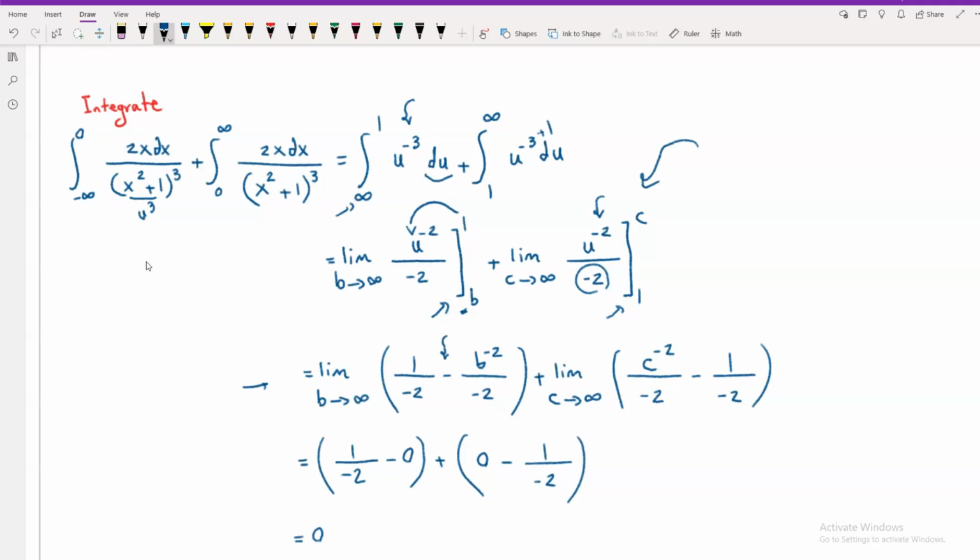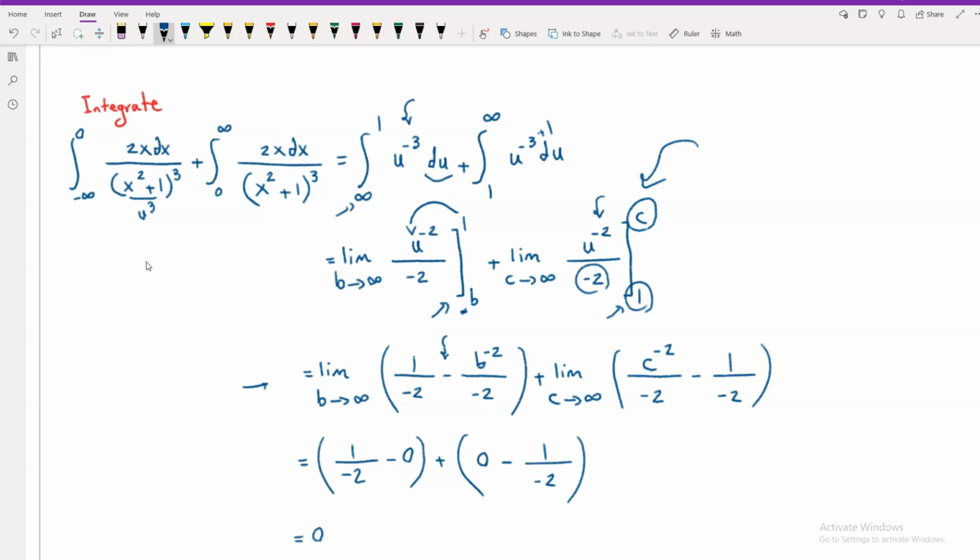And then on this part, using c first instead of u, and then 1 instead of u. So we have the limit as c approaches infinity of c to the power negative 2 divided by negative 2 minus 1 over negative 2.